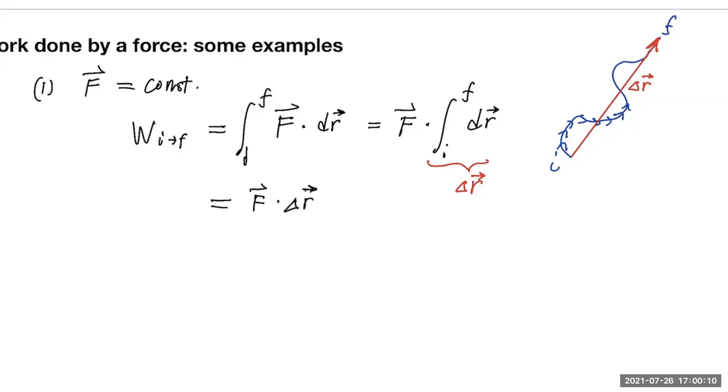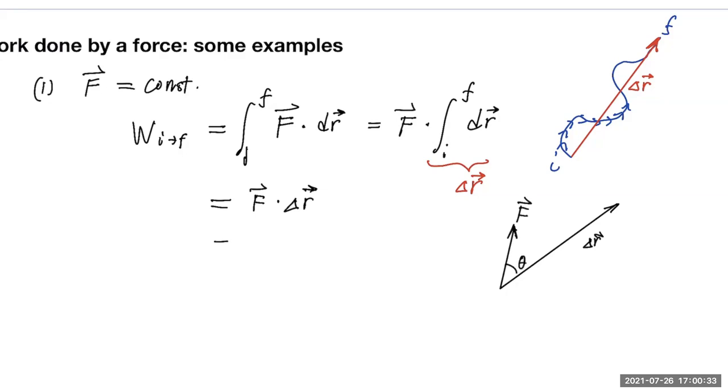All right? Now suppose delta r goes like this. So this is delta r. And F goes like that. Okay, so that's F, and the angle between them is theta.